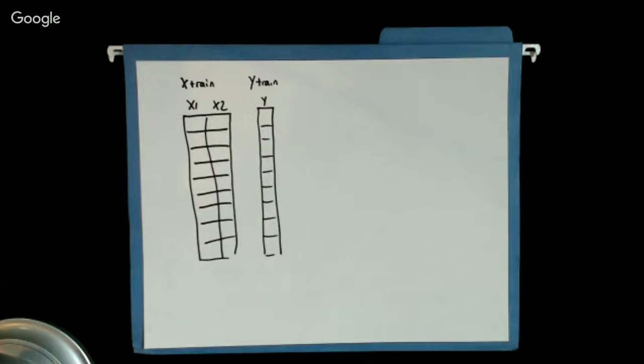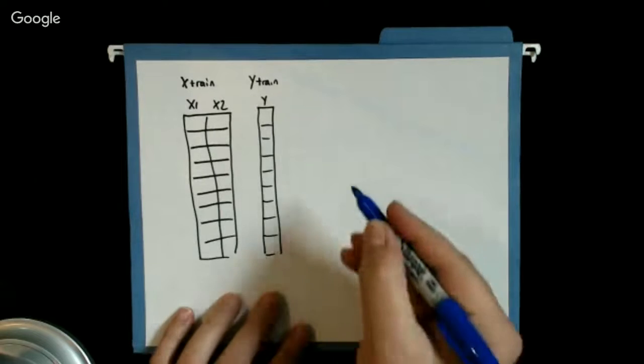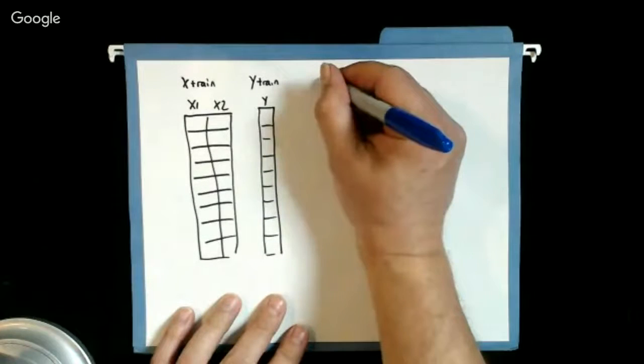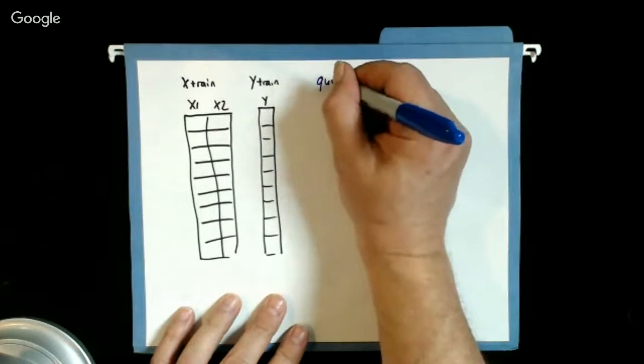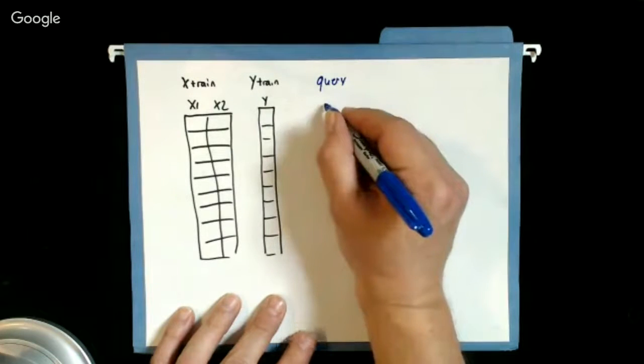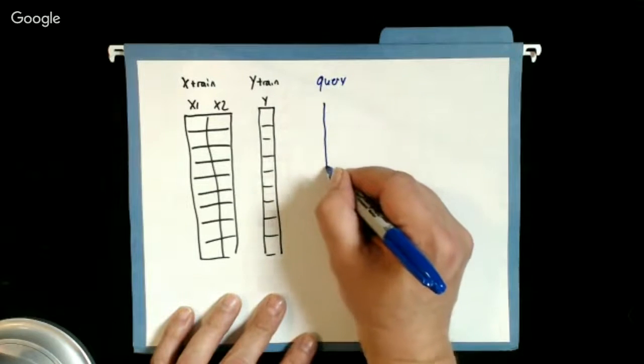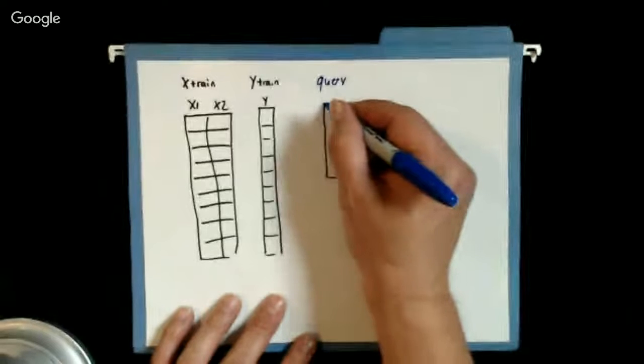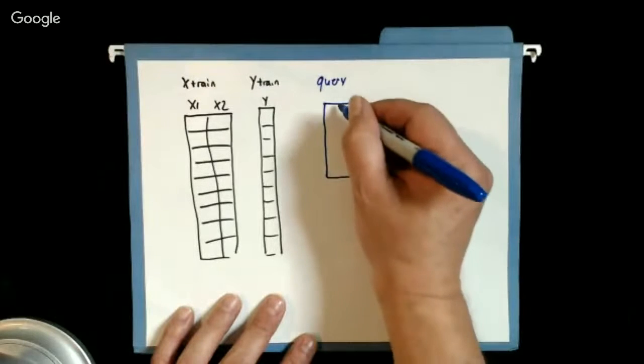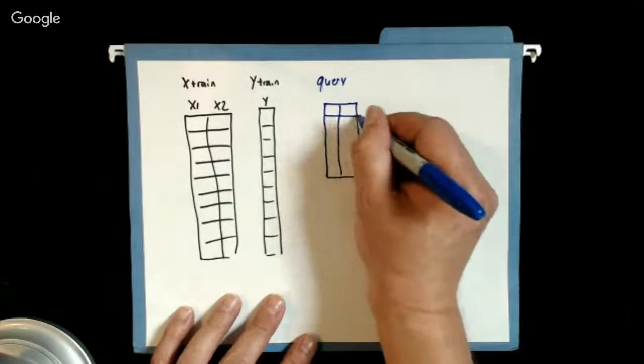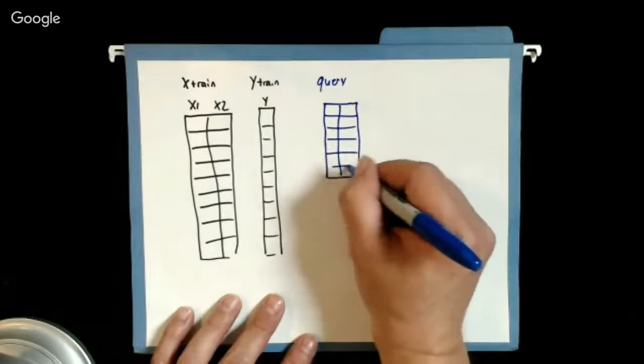So let's suppose we're going to make a query. Now, one thing to keep in mind is that we usually pass in an array of queries. So we don't query just one point. We query across multiple points.